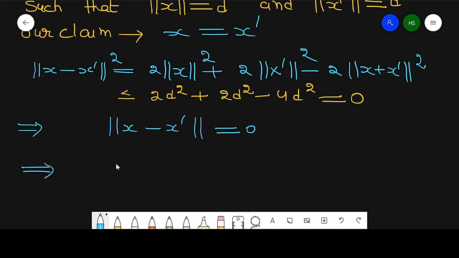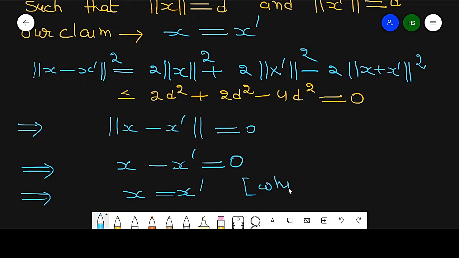If the norm is 0, the vector is 0, so it implies x equal to x dash. Which proves the uniqueness. This is a very important result.